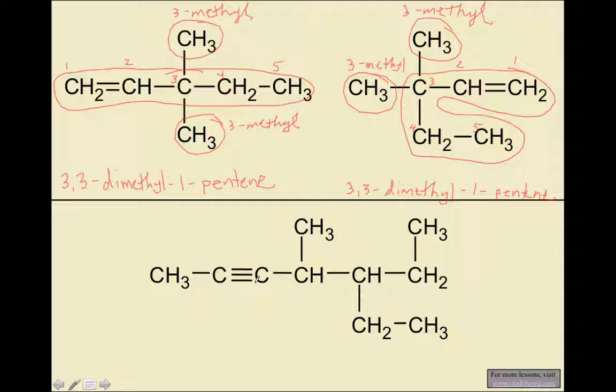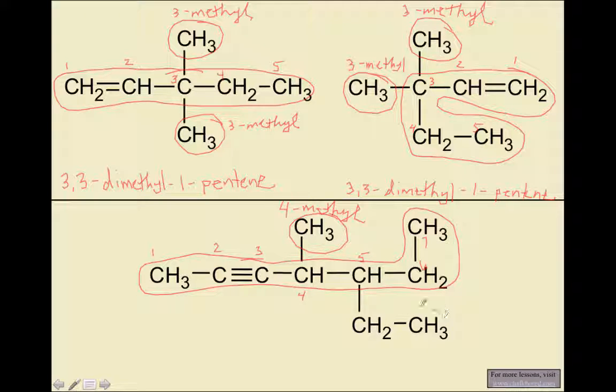Alright, on this one, looking for the longest chain, this is an alkyne. 1, 2, 3, 4, 5, 6, 7. 1, 2, 3, 4, 5, 6, 7. Alright, both of them are 7. So I am just going to circle. That'll give me the same thing. I'll circle that as my longest chain. I'll number. The triple bond is here, so I'm going to start from this end. 1, 2, 3, 4, 5, 6, 7. On my fourth carbon, I have a methyl group. That makes this a 4-methyl.